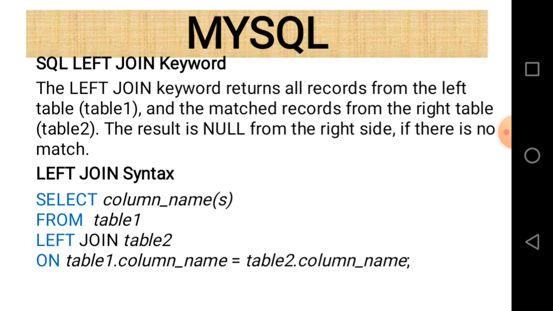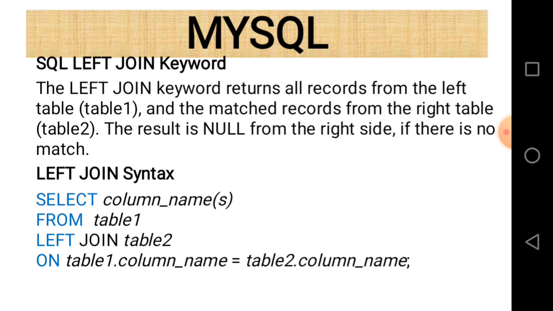Here we discuss syntax. So first just write select, then column names, then after from, the table name, and then just write left join, then table name 2, and after that the keyword on, then table name 1 dot column name is equal to table name 2 dot column name. And the column name given here is common to both these tables, table 1 and table 2.